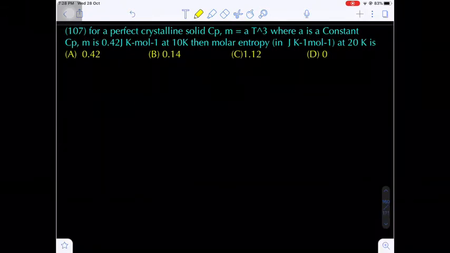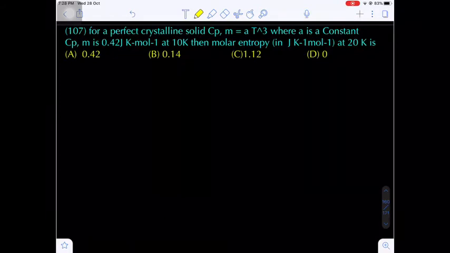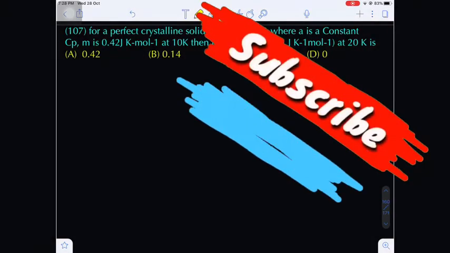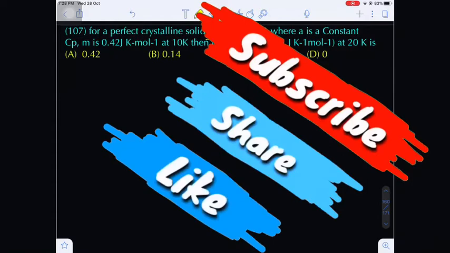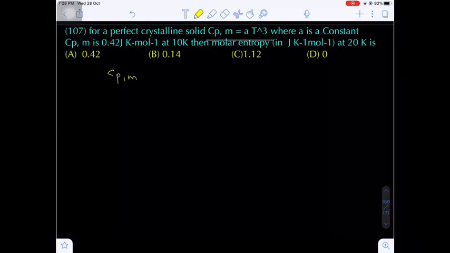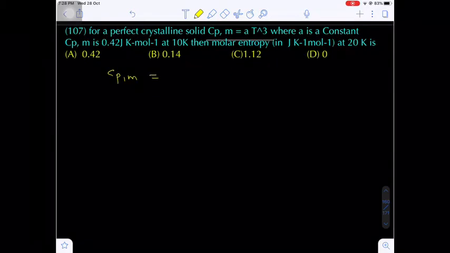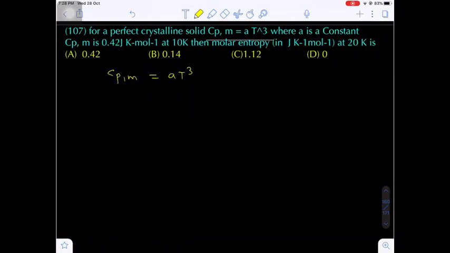Question number 107. A perfect crystalline solid's molar heat capacity at constant pressure is given as A into T cube, A into T to the power 3, where A is a constant.